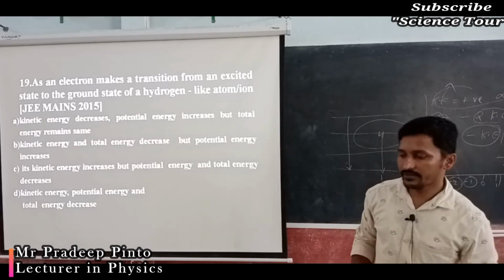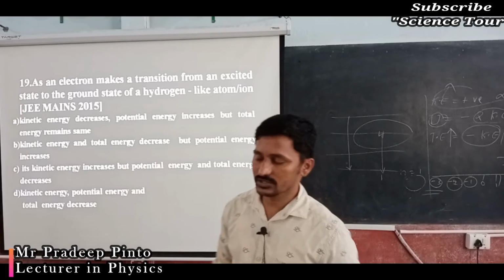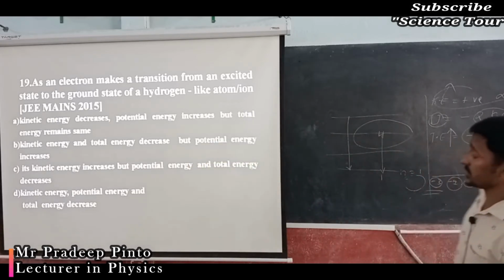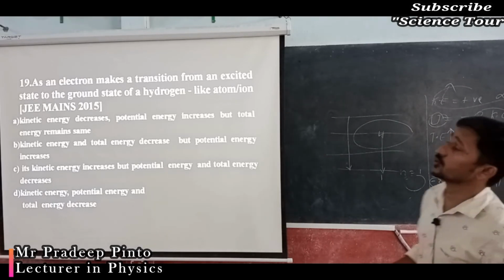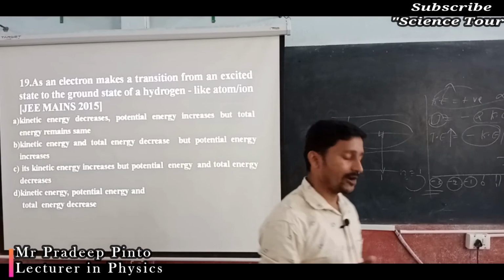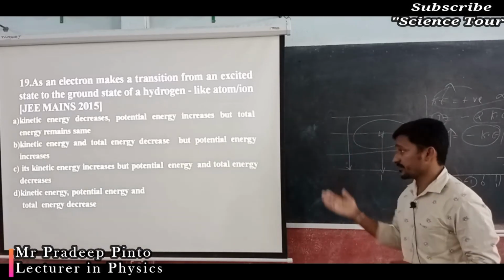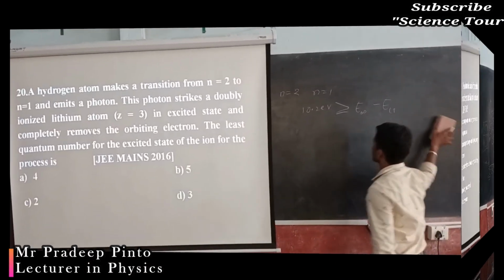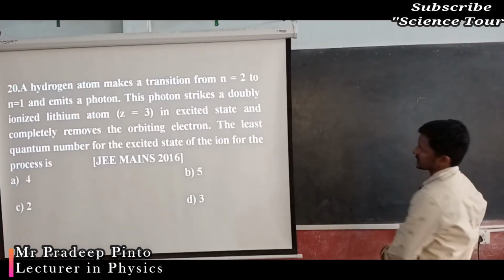More positive, more kinetic energy is increasing. So comparing all, potential energy and total energy decrease and the kinetic energy is increasing. So the option is C. Option is C. So go through one more question which is on the screen.